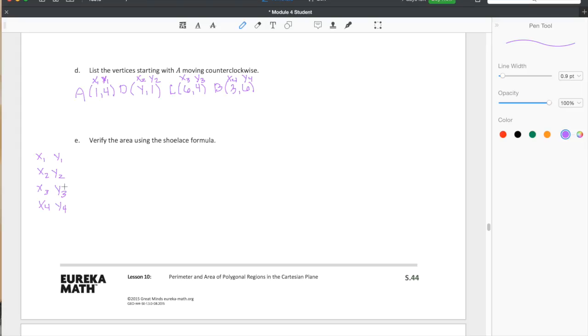Now, in this first column that you make, you are going to extend the y column by 1 and repeat y1. And then you're going to make circles on your points like this. And you should start to see why it's called the shoelace method. It kind of looks like shoelaces.